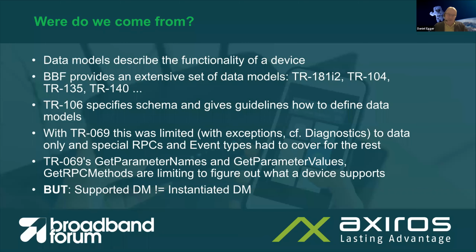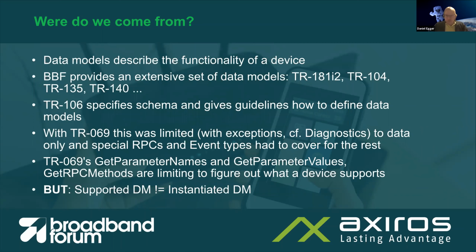We will see in a second what that means. Those abilities were very limited. GetParameterNames really just gives you the names of the objects and parameters without any additional information about what that means. Then there's also GetParameterAttributes, which allows you to query some meta information about those parameters, but it's also somewhat limited.